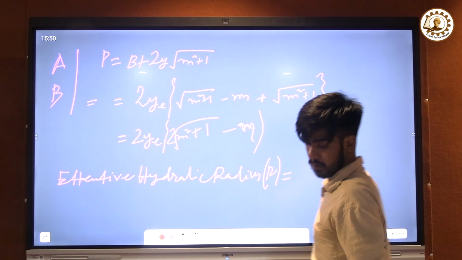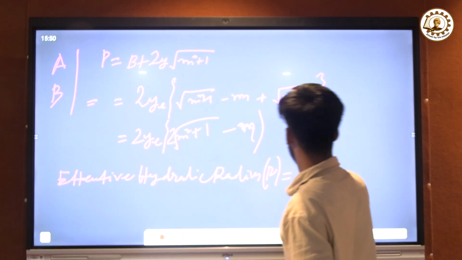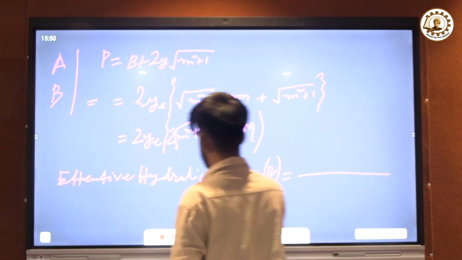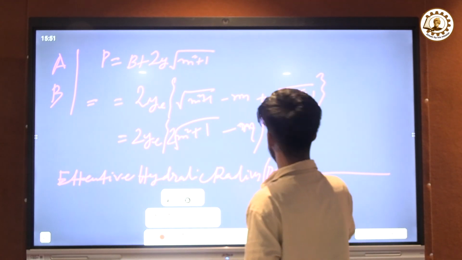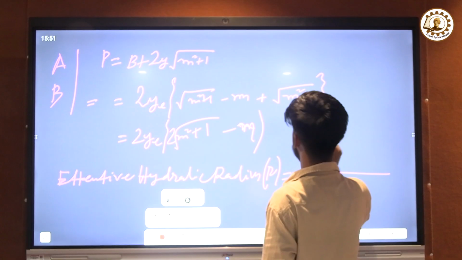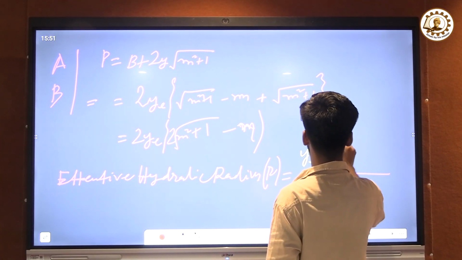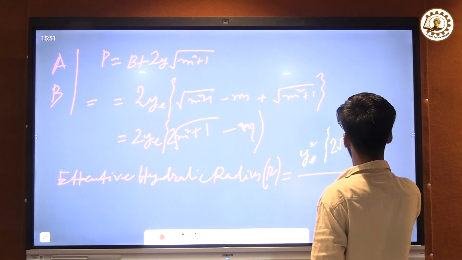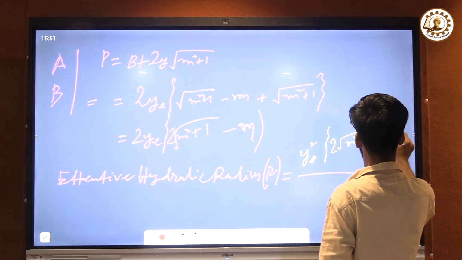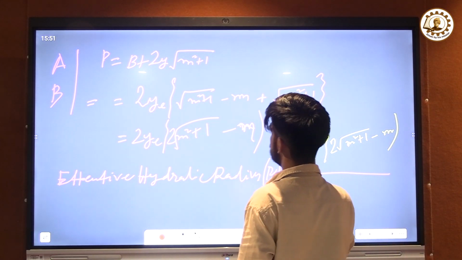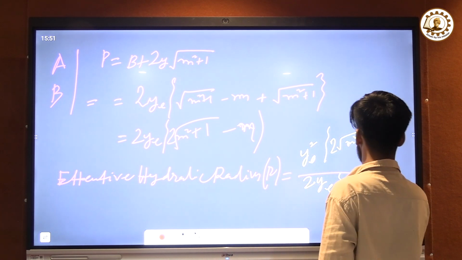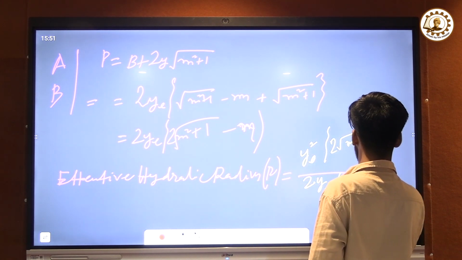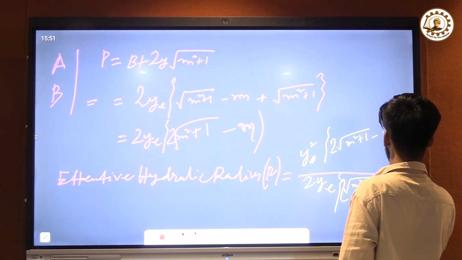Then it will be Ye square into (2 root over m square plus 1 minus m) by 2Ye into (2 root over m square plus 1 minus m).